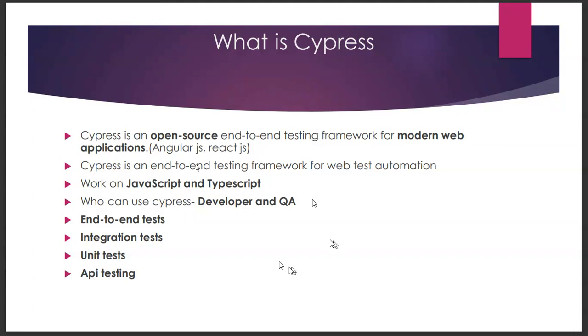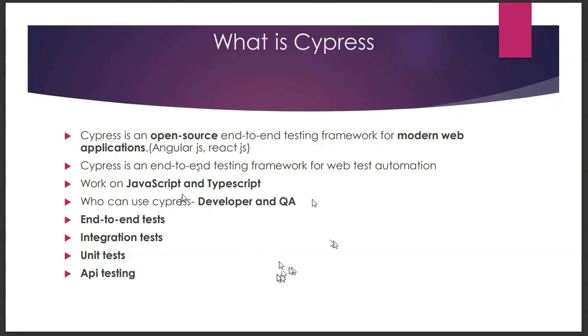It provides developers and QA engineers with a comprehensive testing solution that is fast, reliable, and it has gained popularity due to its unique features and developer friendly approach. Its unique features, we will discuss later, why it is so famous, and it has a lot of features.